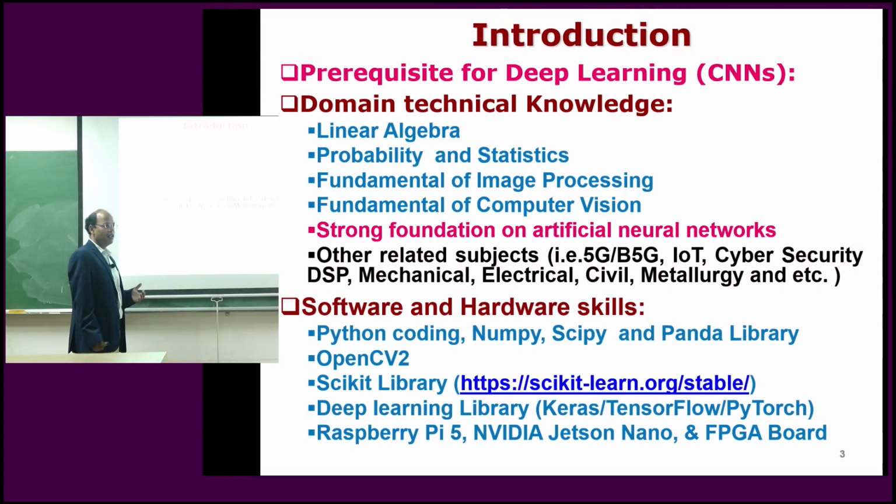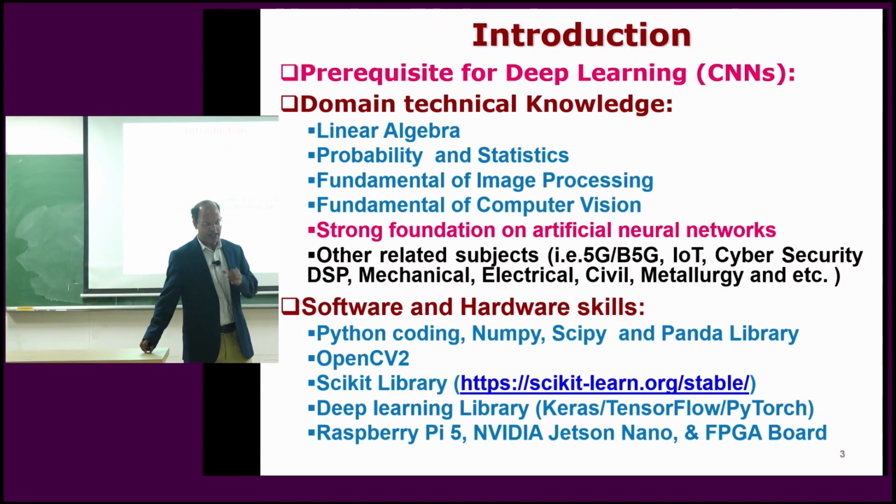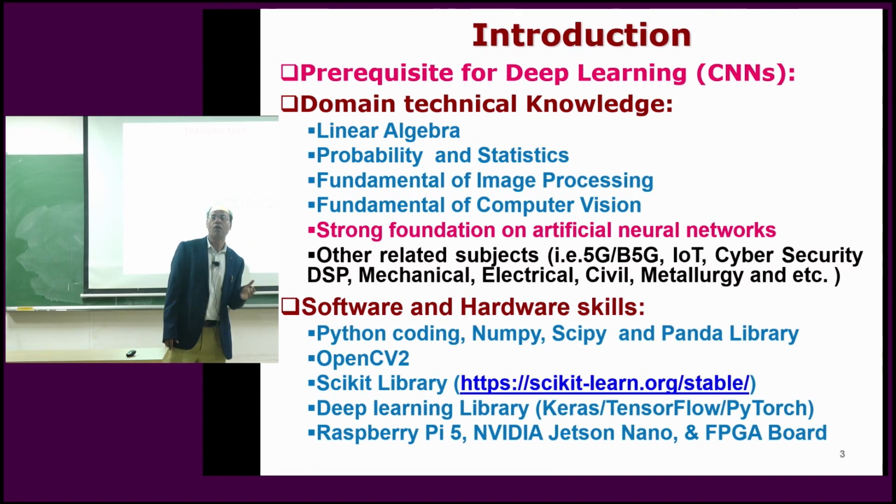Then third, the important prerequisite will be the scikit library. The scikit library has been extensively used by machine learning engineers for many years. When this library was developed, the intention was to put everything in one package, right?